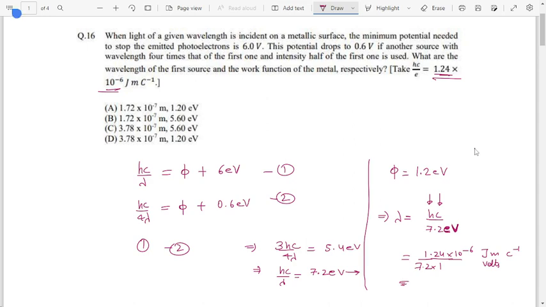Joules per coulomb is energy upon charge, which is nothing but volts, so this unit becomes meters. And 1.24 upon 7.2 is approximately 0.172. So this will be 0.172 into 10 to the power minus 6, which makes it 1.72 into 10 to the power minus 7 meters. So option A, my dear friends, will be the correct answer for this question.